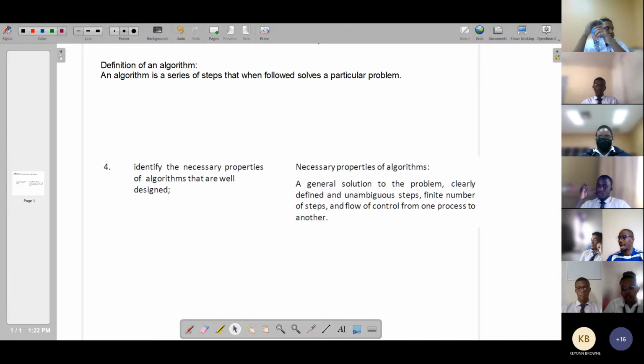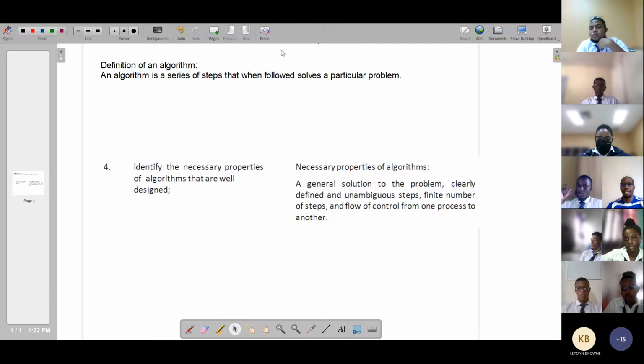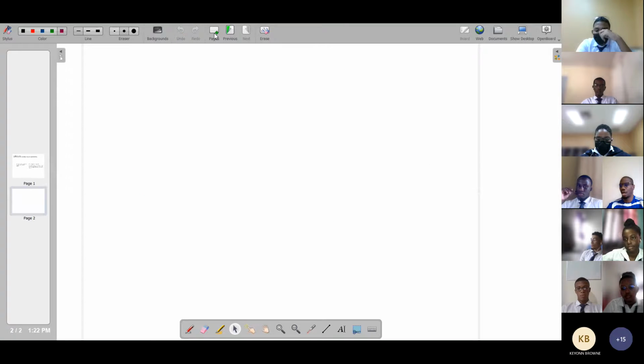And the next thing that we have is that we can represent algorithms in 3 different ways. And again, I'm going to pull it directly from the syllabus.